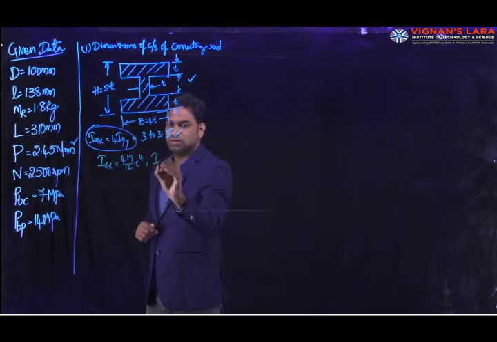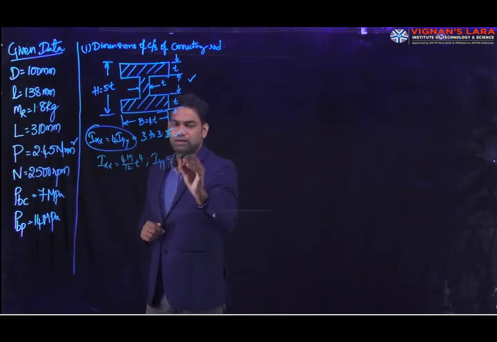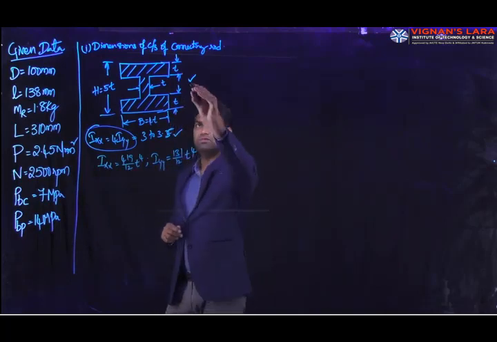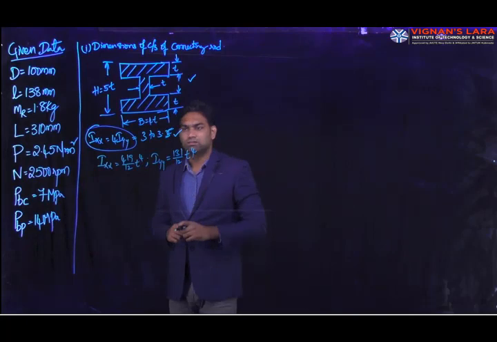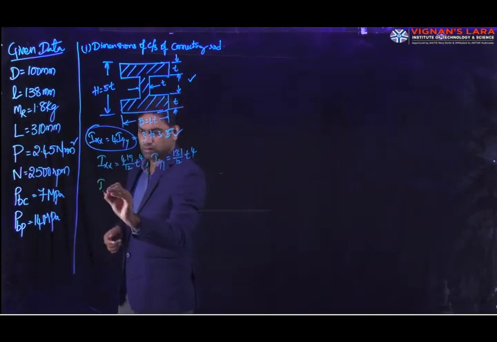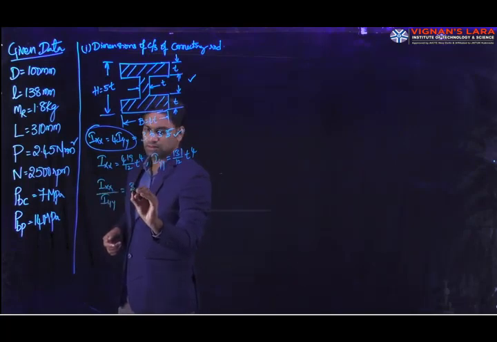Similarly, you can calculate Iyy, which is 131 by 12 T power 4. These are the Ixx and Iyy values for the selected cross section. Using that, the ratio of Ixx by Iyy is 3.2.